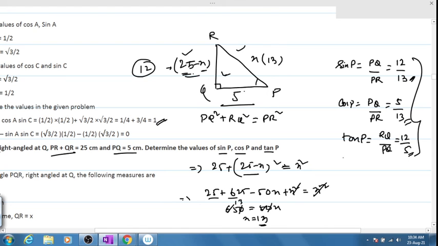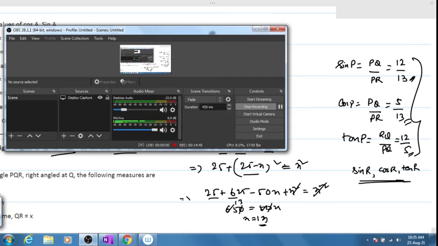Now if I ask you to find the value for sin R, cos R and tan R. Hurry up, I need the value for these 3 also. Let's see how many can get this answer for me.